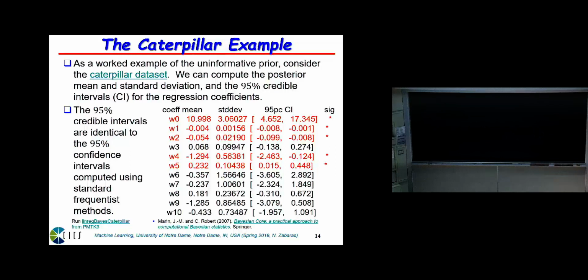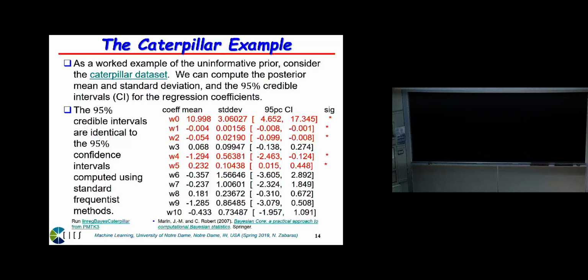Imagine you do this simple thing, the program is maybe 30 lines or so, and you compute the coefficients, the MAP estimates. This is the MAP, the mean basically of W, because it's a student t distribution. And these are the 95% confidence intervals.